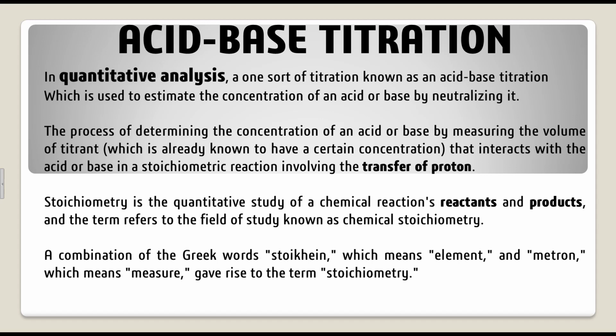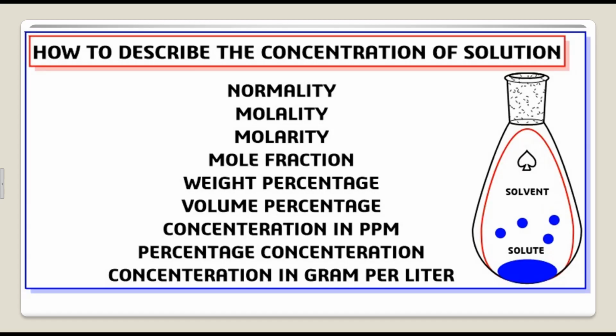So now you need to know what acid base titration is. When acid base titration comes into your mind, first, it is a quantitative analysis. Second, this reaction is a neutralization reaction. These two things you have to keep in your mind. Now, how do we express the concentration of a solution?